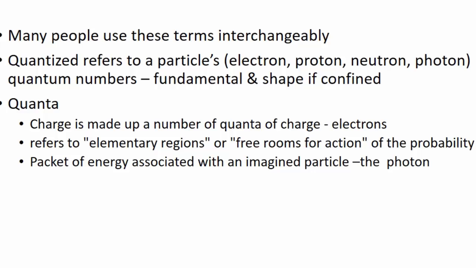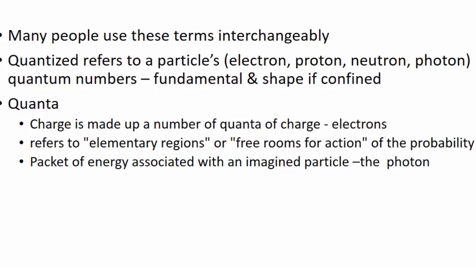Then you have a third idea of quantum, which Einstein sort of had a hunch on, and he said that quanta refers to a packet of energy. So that light is a little packet. It's not a wave, it goes out as a packet, and it has a packet of energy.